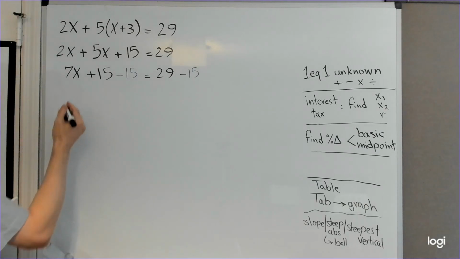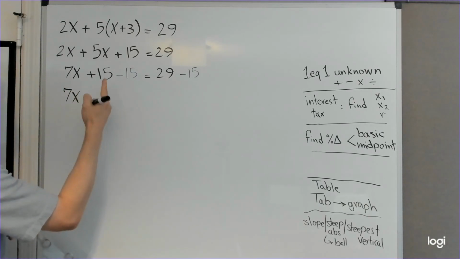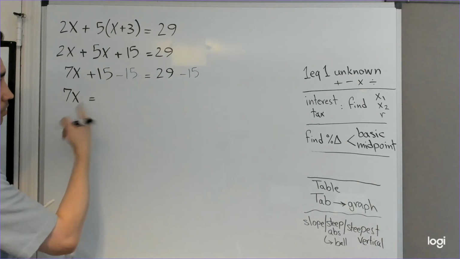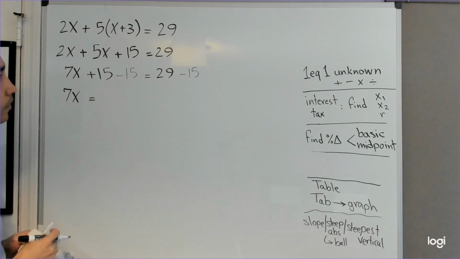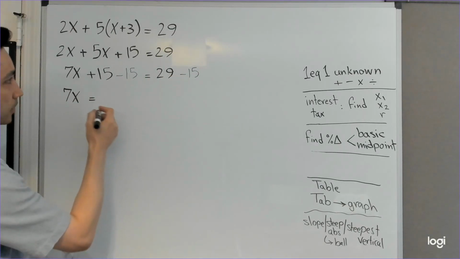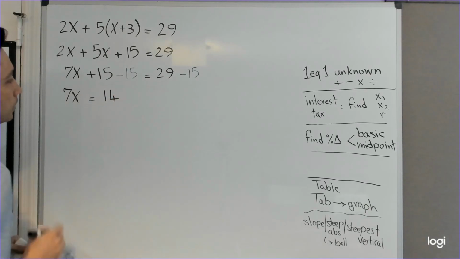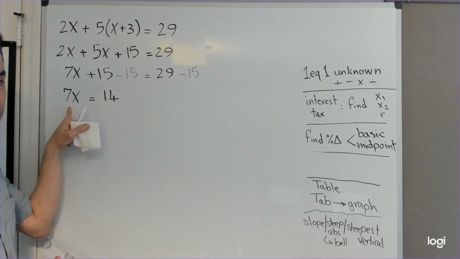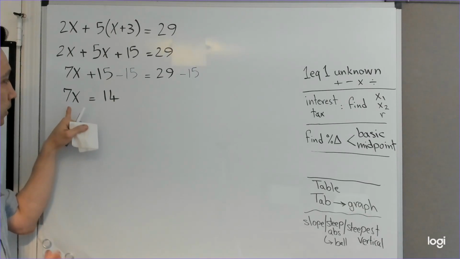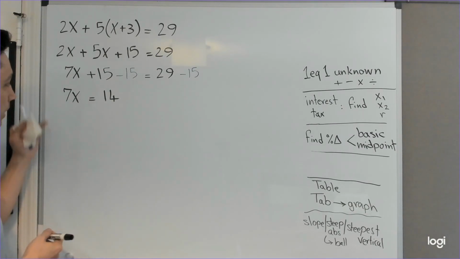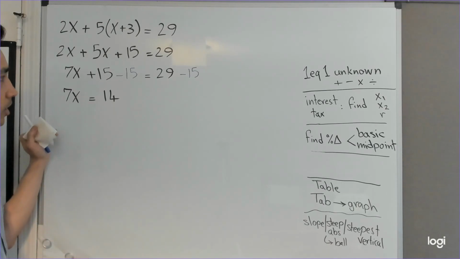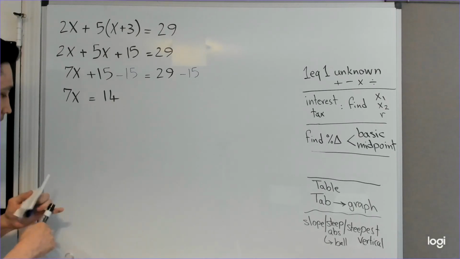So on the left I have 7x, 15 and minus 15 cancel one another. So there's nothing else left on the left hand side. And 29 minus 15 is 14. The last transformation I need is to eliminate 7 from the left hand side. In order to do that, I can easily divide the left hand side by 7, but I need to remember I have to do the same thing on the right hand side as well.